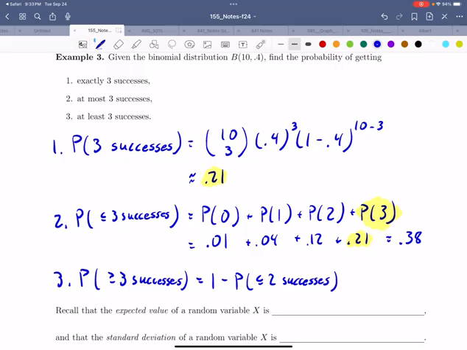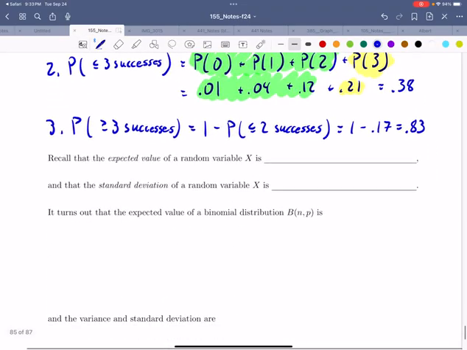And we know what that is. It's just that, right? Let me highlight that so you can see. So that's 1 minus 0.17, which is 0.83. Well, that saved us a bit of time.